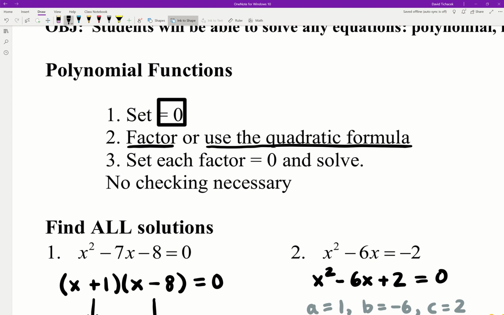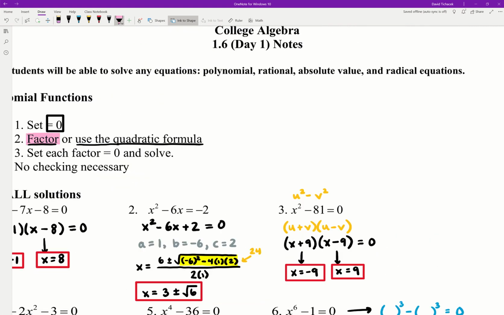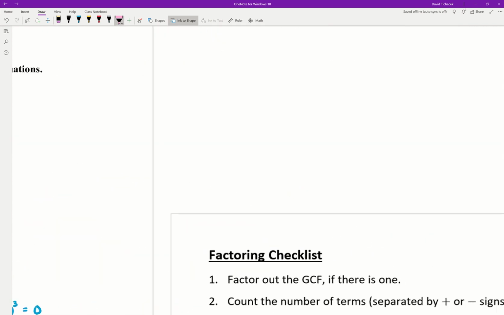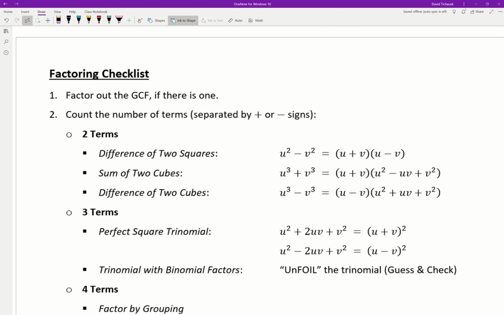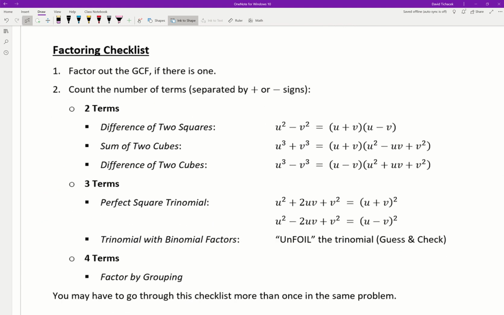Now, one of the things that we are going to definitely need to be aware of how to do today is this factorization step if it comes up, okay? And so just to help us remember how to factor, I've left a copy of your factoring checklist over here off to the side. In this video specifically, I'm going to assume that factoring is something that you know how to do.